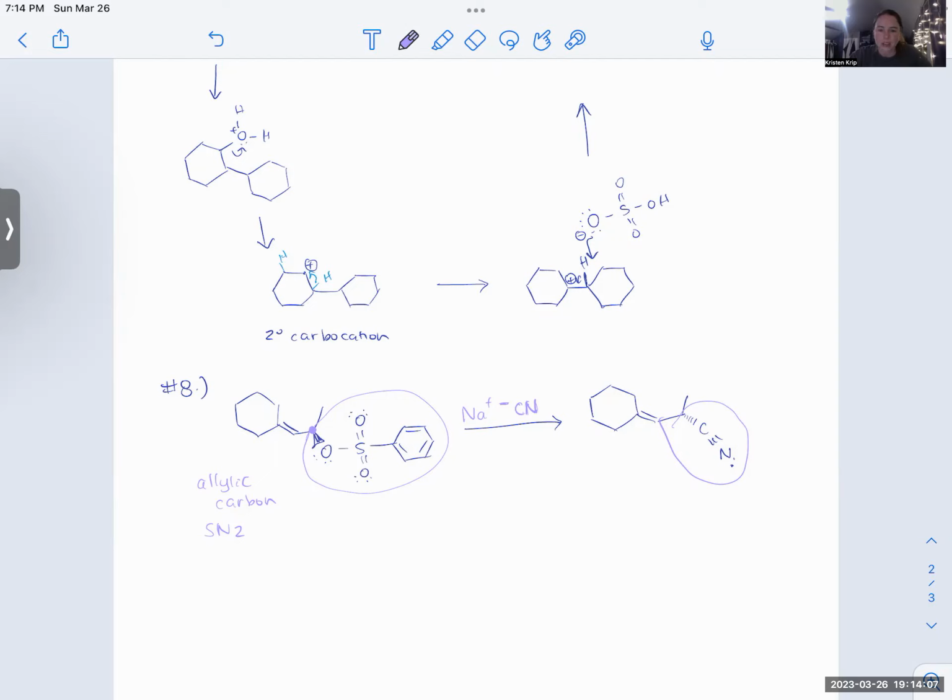Let's try mechanisms involving alcohols.